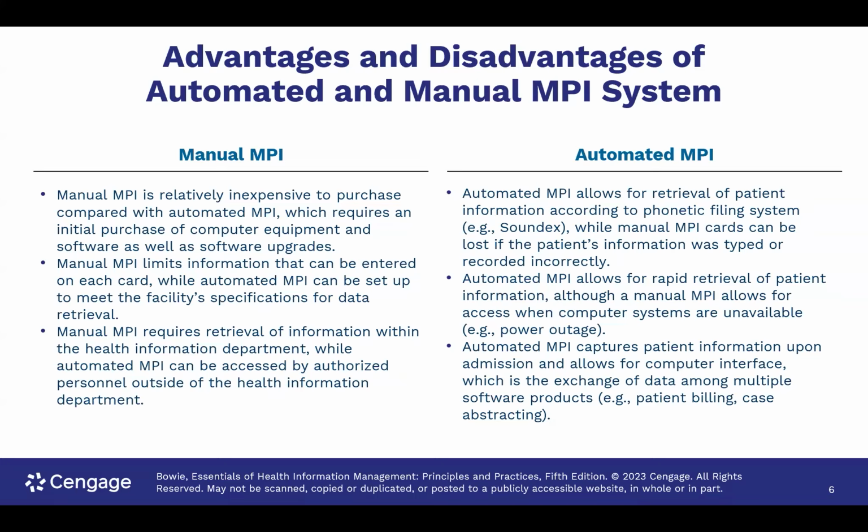Automated MPIs allow for rapid retrieval of patient information, so it's much quicker than having somebody scan through a bunch of microfilm, microfiche, or a Rolodex. Finally, an automated MPI can capture patient information upon admission, and with the computer interface, you can have people view it in billing, admitting, anywhere you want.